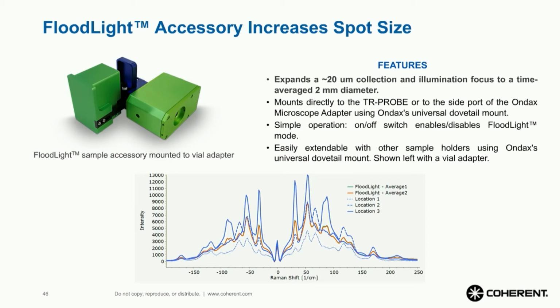But by adding this floodlight accessory, we're able to increase the effective diameter of the spot to about 2 millimeters. While you can see spatial variations at individual locations 1, 2, and 3 in the spectra on the bottom, when you turn on the floodlight mode, you see just the average over the area that is very, very repeatable, and that allows you to do this quantification much more effectively.